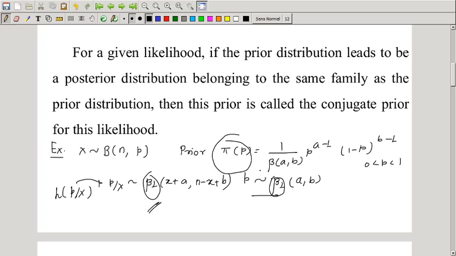One more case, improper prior distribution. Sometimes it is useful to use an uninformative prior distribution, which assumes that an unknown parameter is equally likely to take any value.